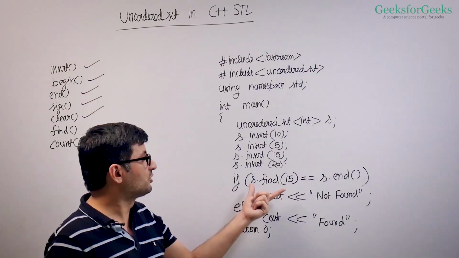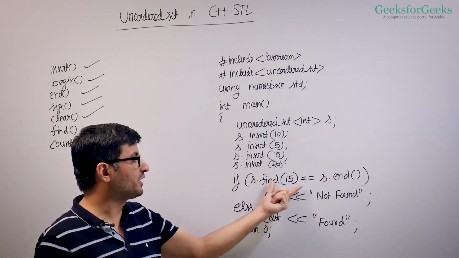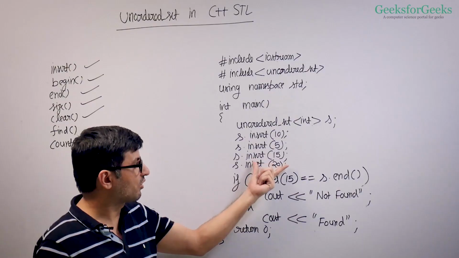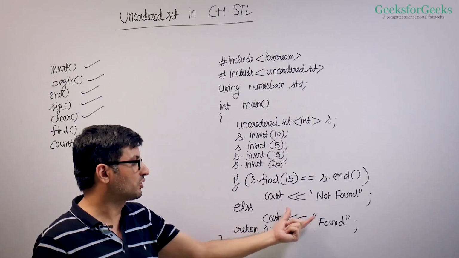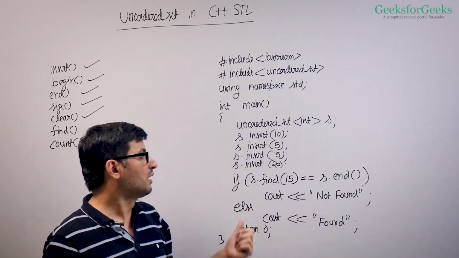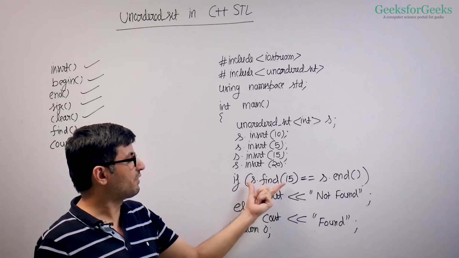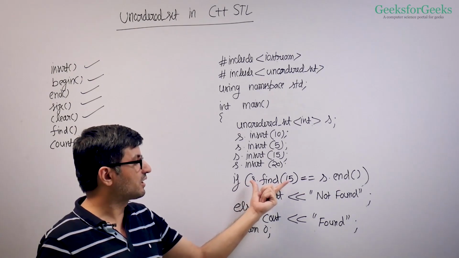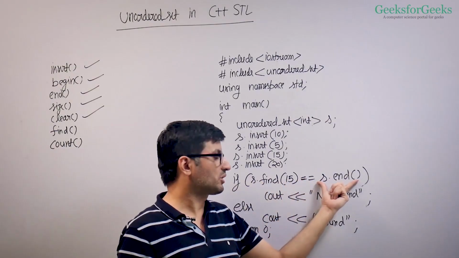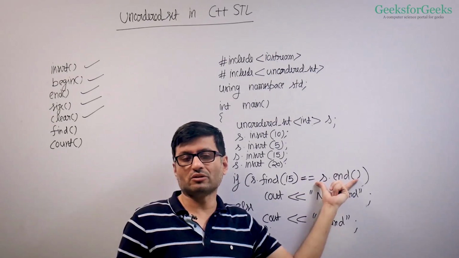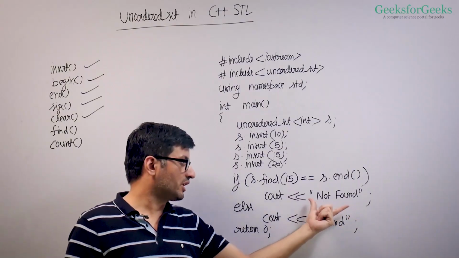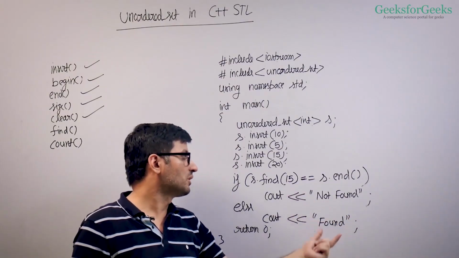Here we are using it to check whether 15 is present in the unordered set or not. 15 is present, we have inserted it, so the output is going to be found. We check whether find returns an iterator equal to s.end or not, because it returns s.end if the element is not present. So if it does not return s.end, we say found.